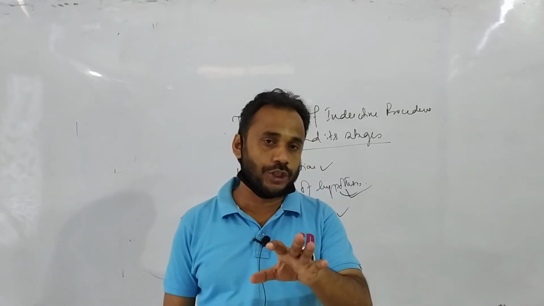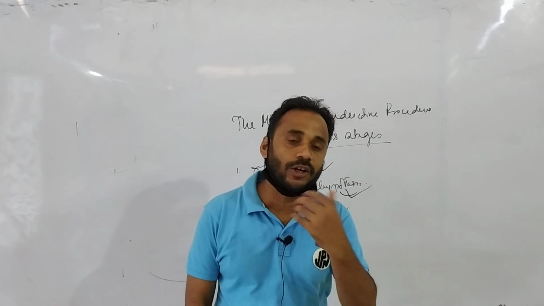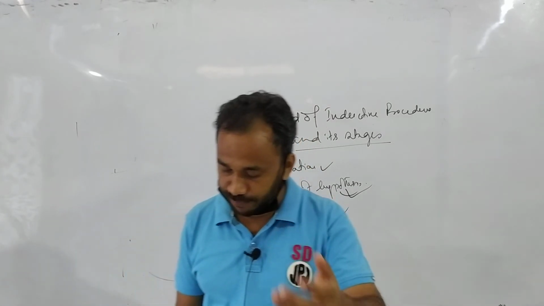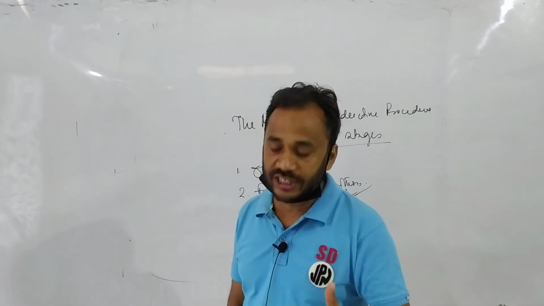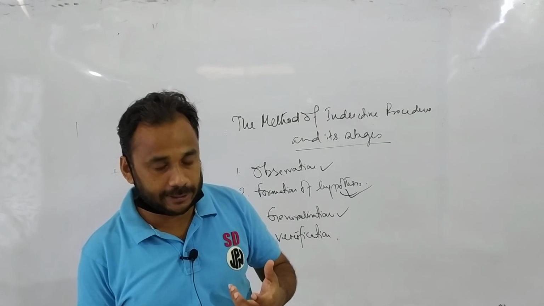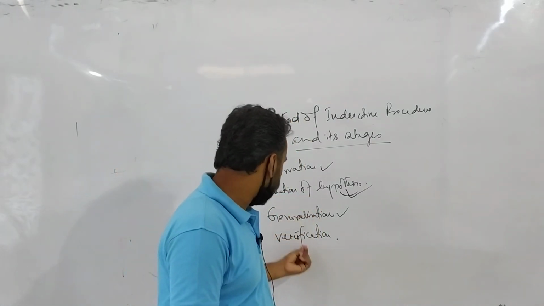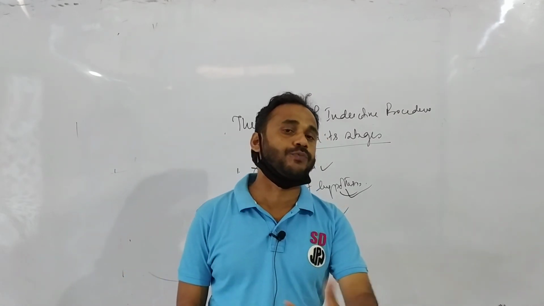But Gibbons and Fowler, another logician, do not agree with this view. According to Gibbons and Fowler, there are four stages of inductive procedure. That means another stage, verification, is the last stage.